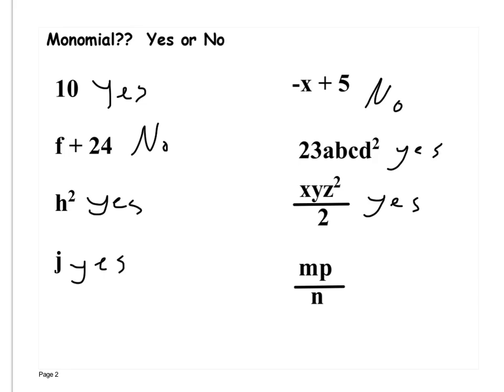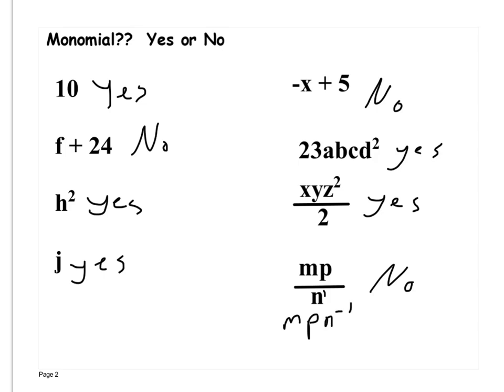However, m p over n is no, because you cannot have a variable as a denominator. You can have a constant, but not a variable. There's division, but it just can't be with variables. Let me explain. n as a denominator can also be written as n to the negative 1 power, which we're going to talk more about.